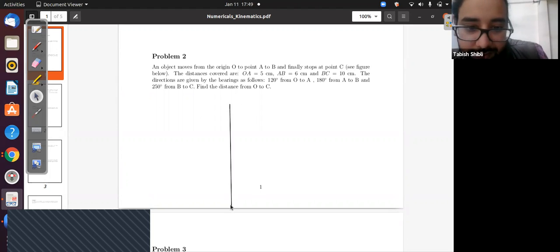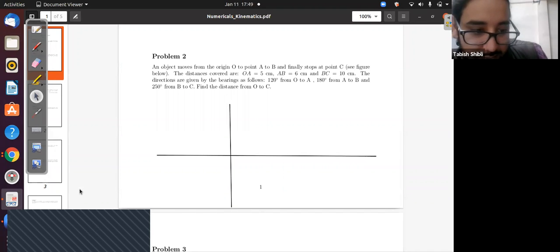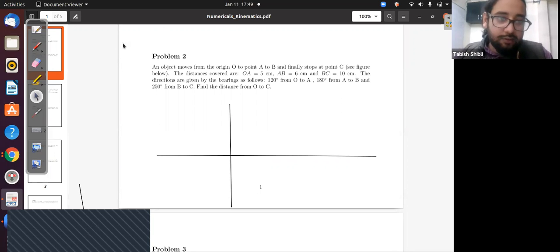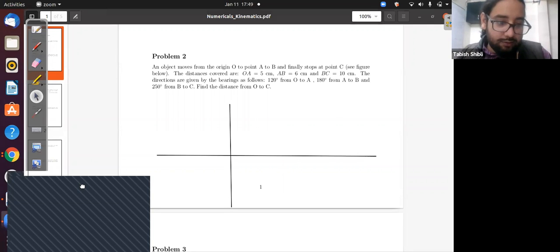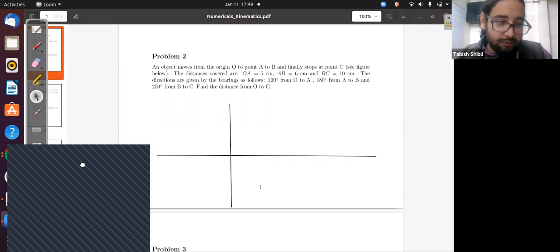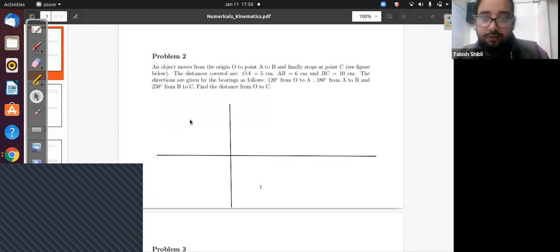So, let's draw the y-axis and draw the x-axis. Yes.